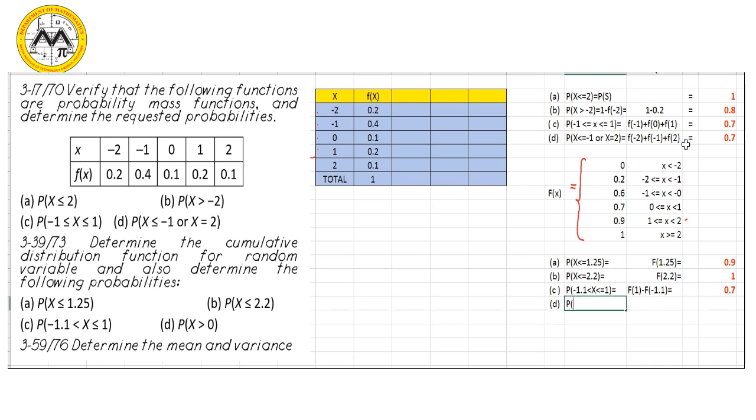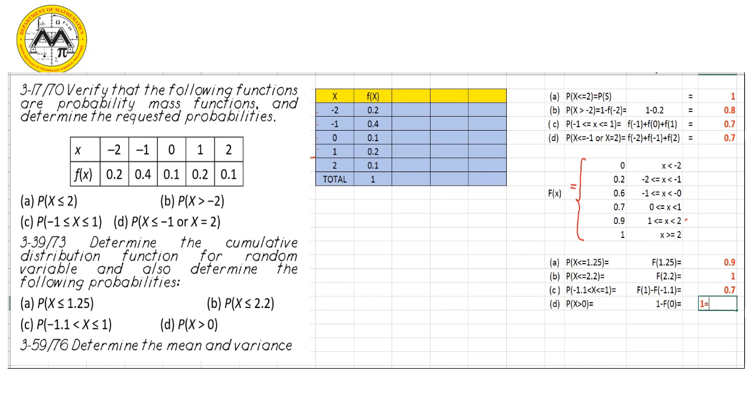the probability that x is greater than 0. So greater than 0 is the complement of less than or equal to 0. So that is equal to 1 minus f of 0. So f of 0 is 0.7.